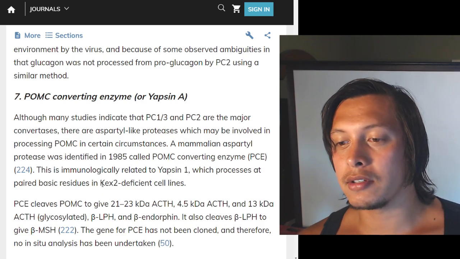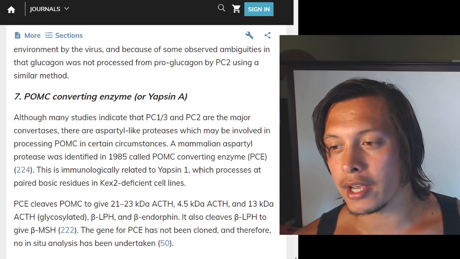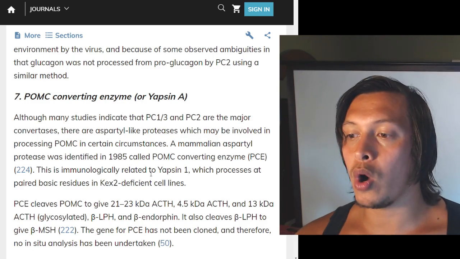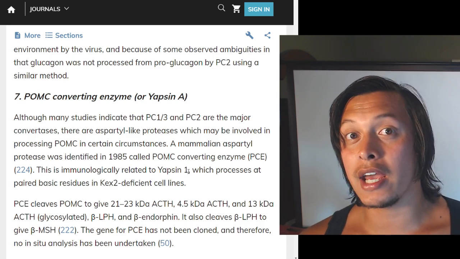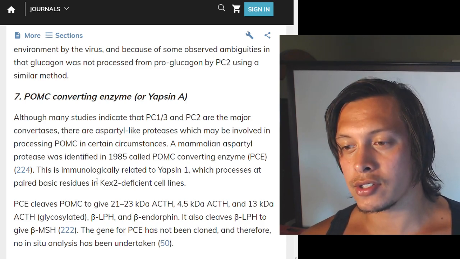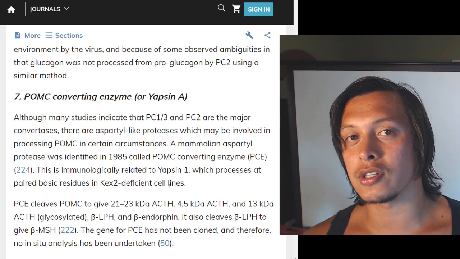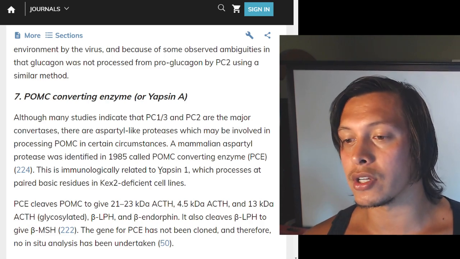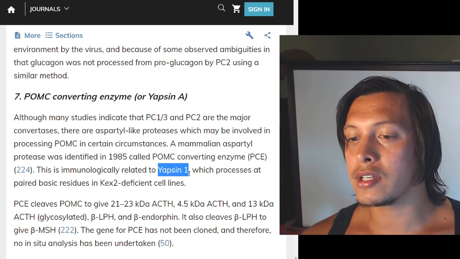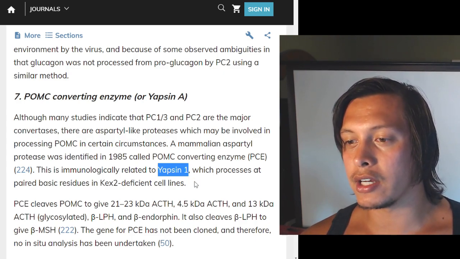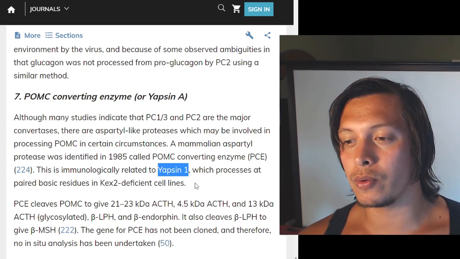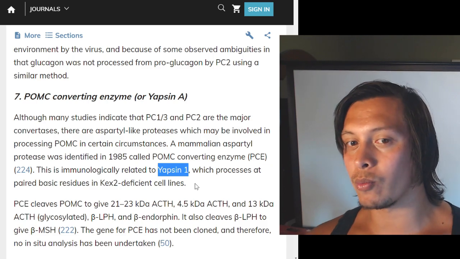So, KEX2 is another protease, and Yapsin-1 will take the place, if you will, of KEX2 in KEX2 deficient cell lines that we're doing research in. So what is Yapsin-1? So it says immunologically related, so it probably means that if you have antibodies against one, they would work against the other.